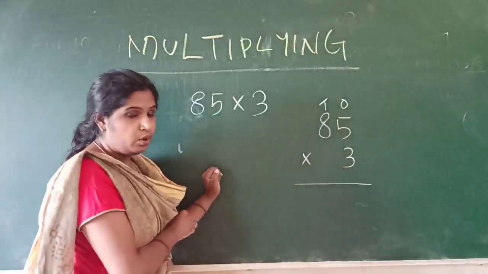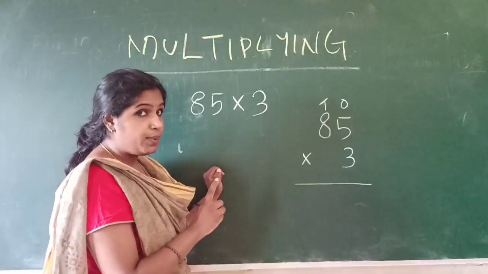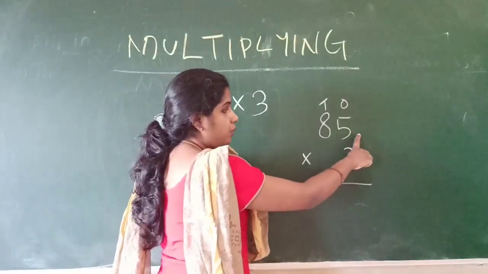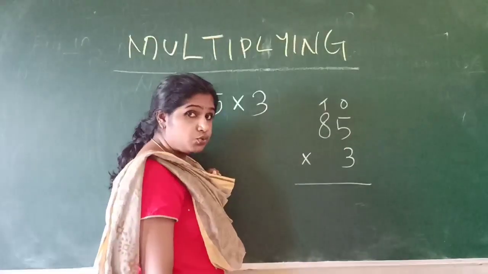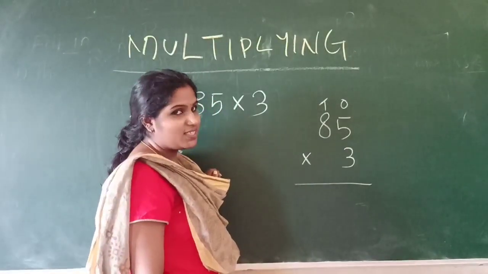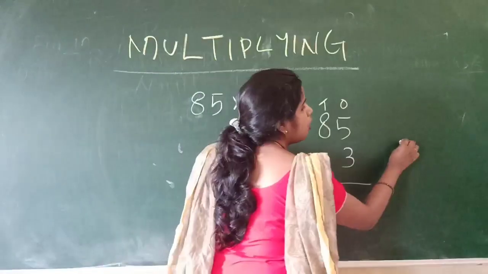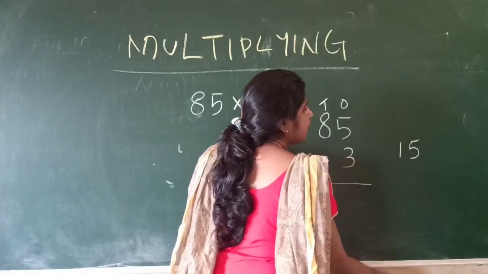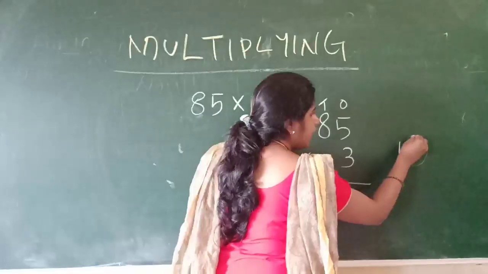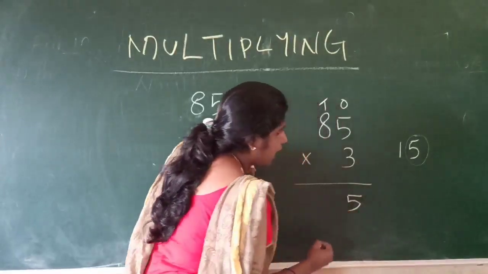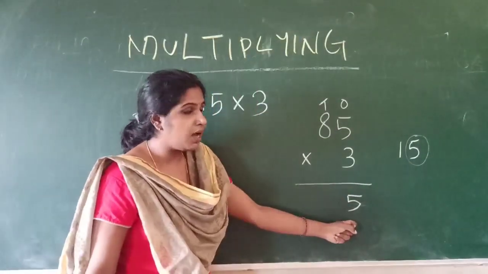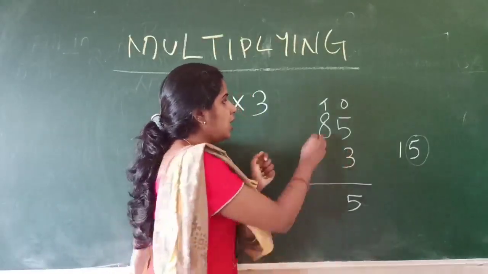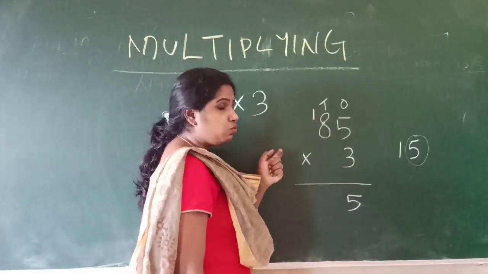Then first we will multiply this 5 and 3 together. 5 into 3 is 15. So I write this 5 alone here. What is remaining? There is a 1, and I put that 1 here.